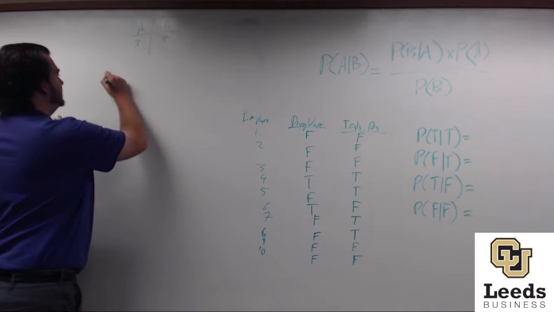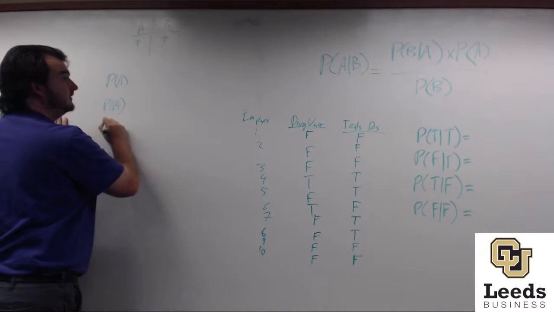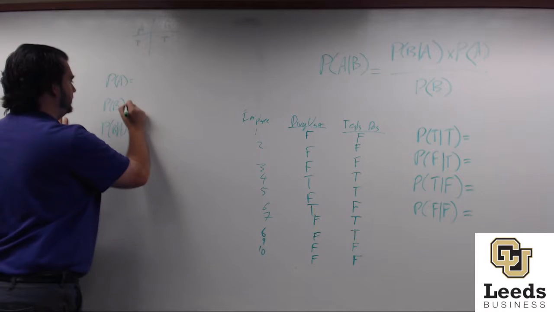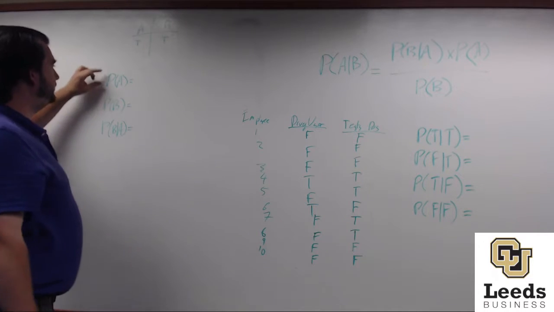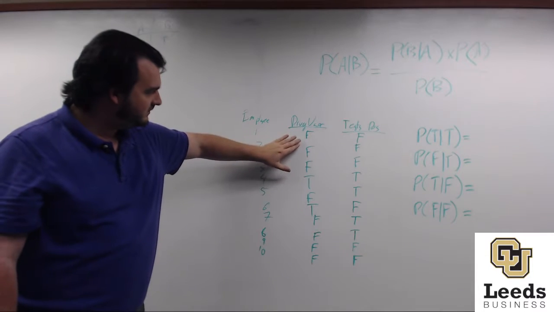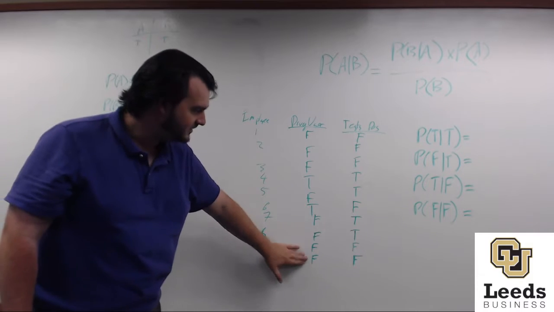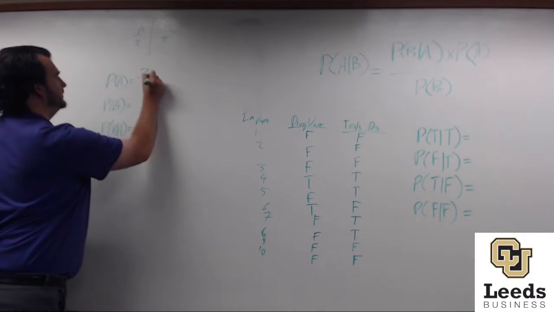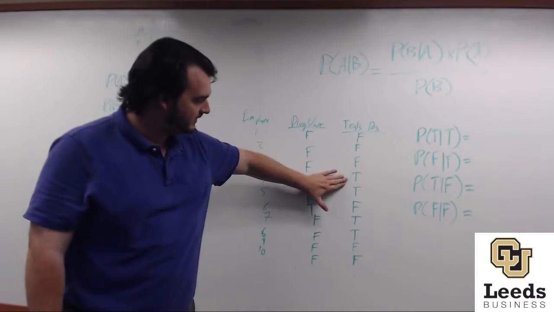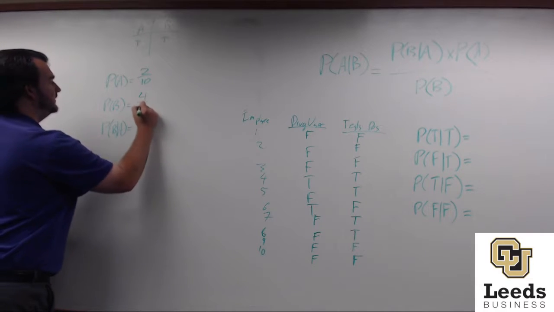We need P of A, P of B, and P of B given A. So P of A, what's the probability that someone is a drug user? 1, 2 out of our 10. What is the probability that someone is going to test positive for doing drugs? 1, 2, 3, 4, also out of 10. We still have 10 employees.